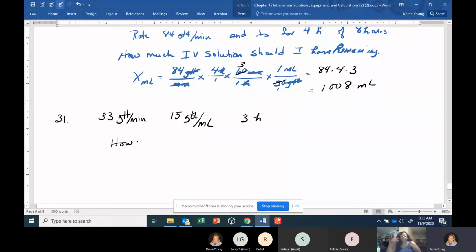So how much IV solution do we have left? I want to say remains, I want to say infused. So how much has gone through the IV? Okay, so I'm still looking for milliliters.